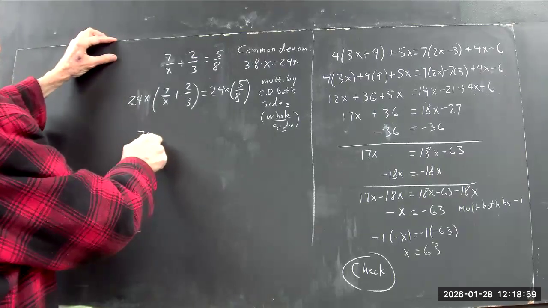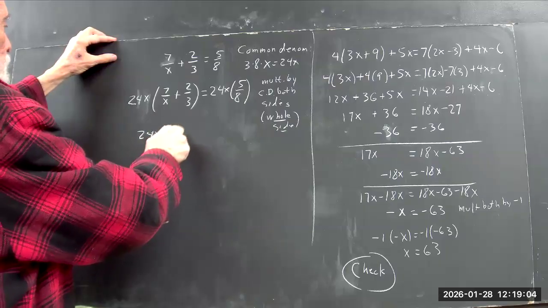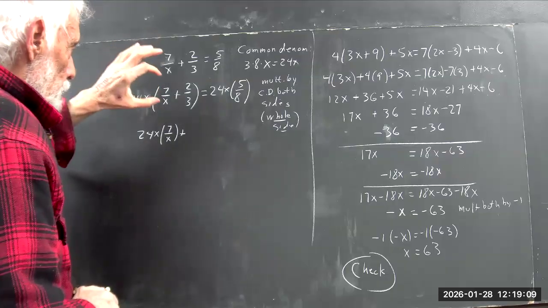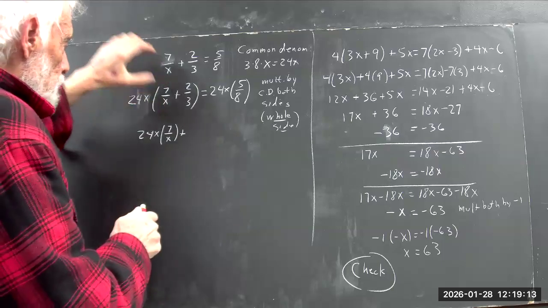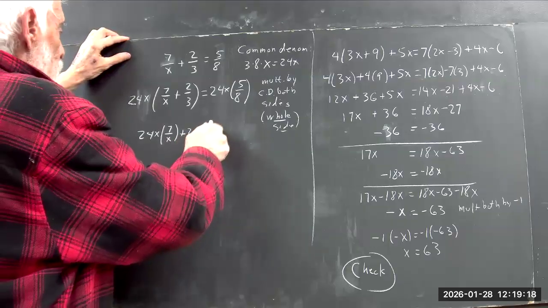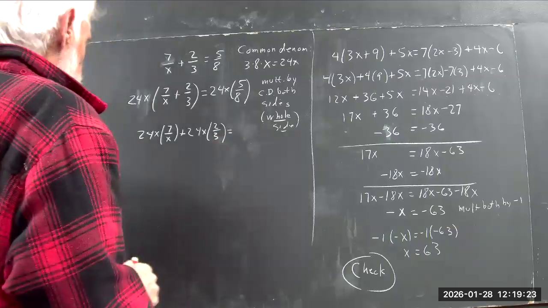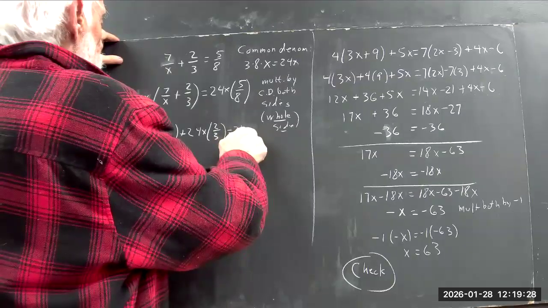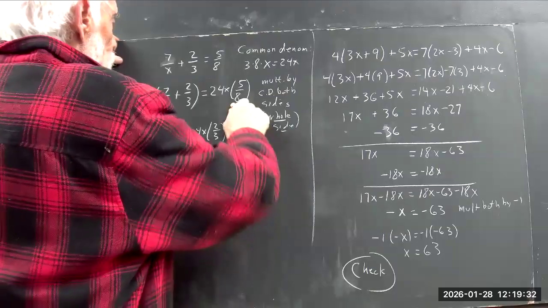So that gives us 24x multiplied by the quantity 7 over x plus 2/3, which gives us 24x times 7 over x plus 24x times 2/3. And I'll just write out the right-hand side the way it is right now: 24x times 5/8.